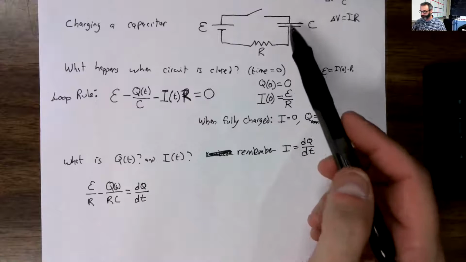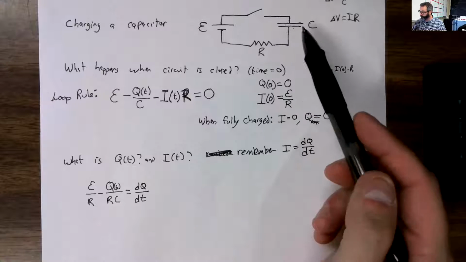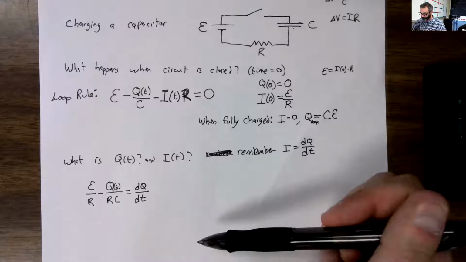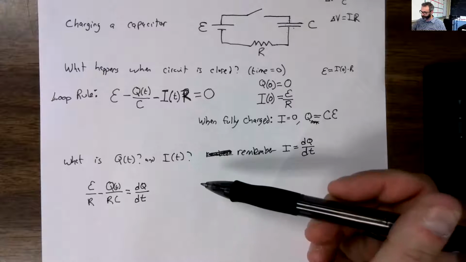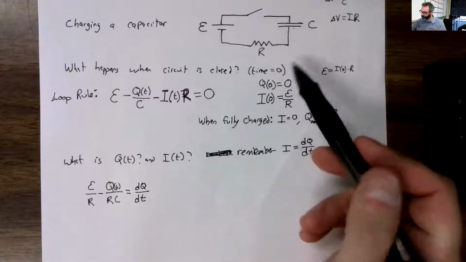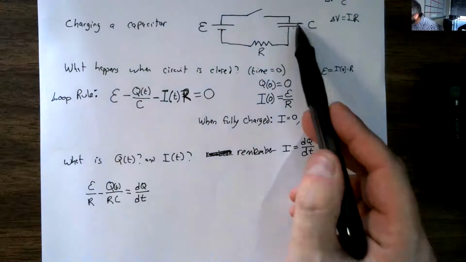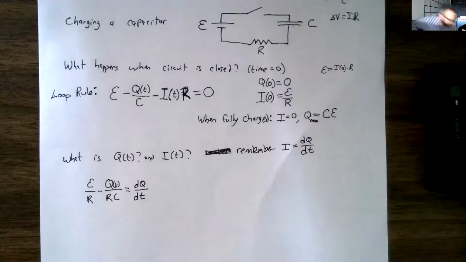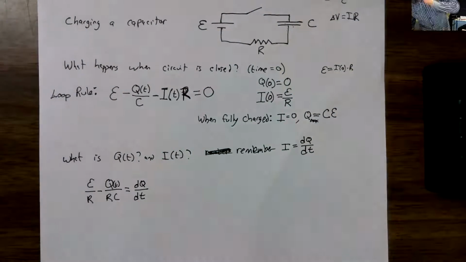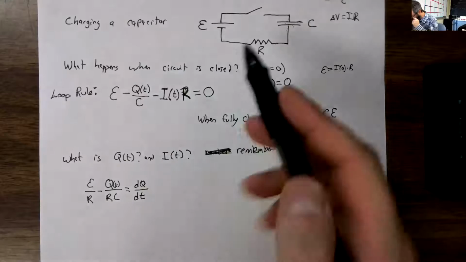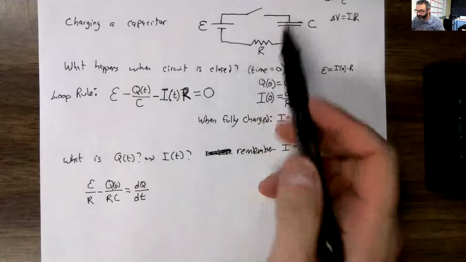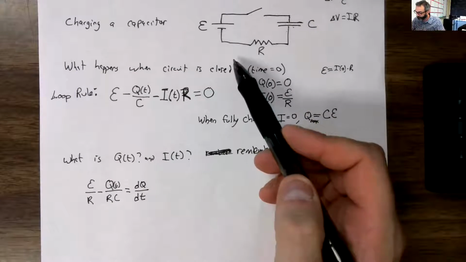Because whatever Q is, there's going to be plus Q on the top plate and minus Q on the bottom plate, and those two will always have the same magnitude of current. I see. So the current's always going to be the same at any given time throughout the circuit.